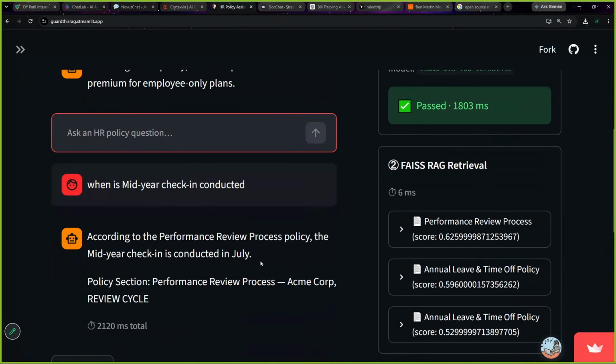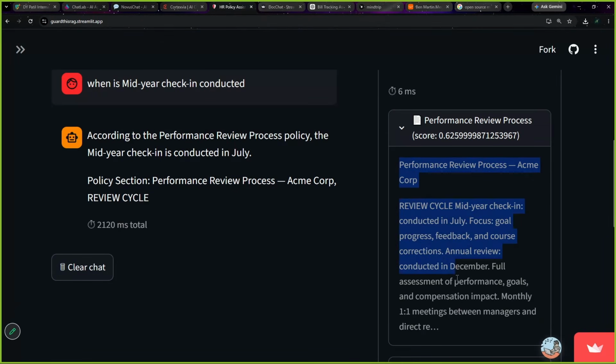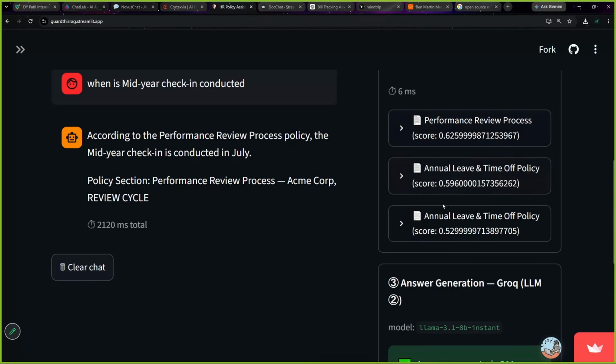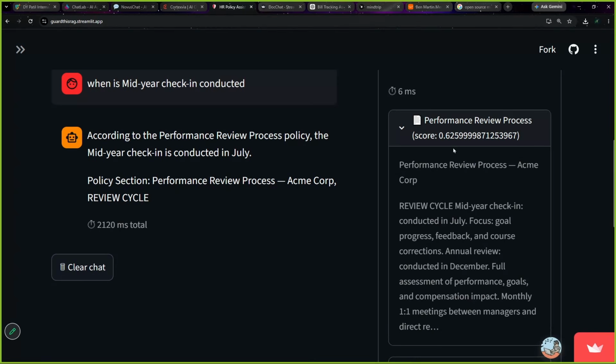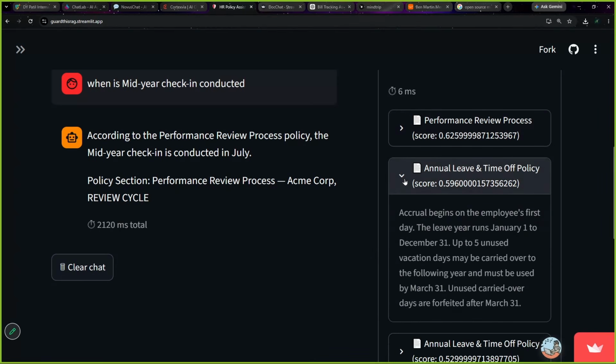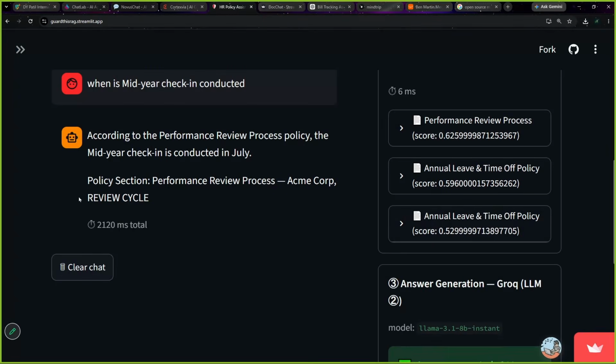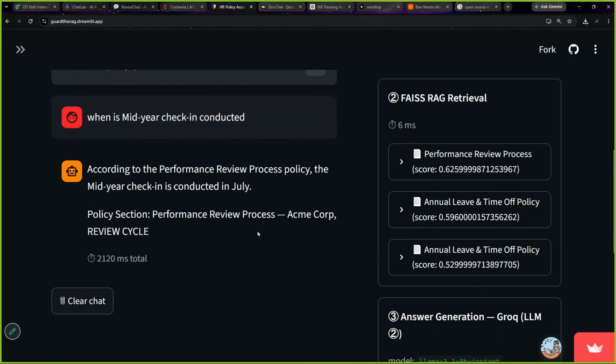All right, let us check. July. How? It went into all the documents. It fetched the proper document which was suiting us, conducted in July. See, this is what we got, right? This was the most similar document, and based on the similar document, it gave me the reply. And this is what the reply was, right?